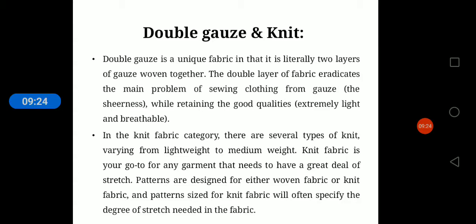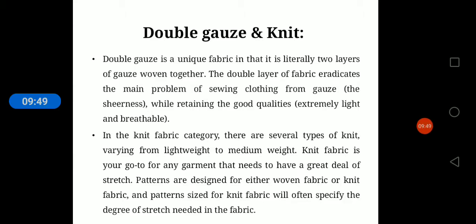In the knit fabric category, there are several types of knit varying from lightweight to medium weight. Knit fabric is your go-to for any garment that needs to have a great deal of stretch. Patterns are designed for either woven fabric or knit fabric, and patterns sized for knit fabric will often specify the degree of stretch needed in the fabric.